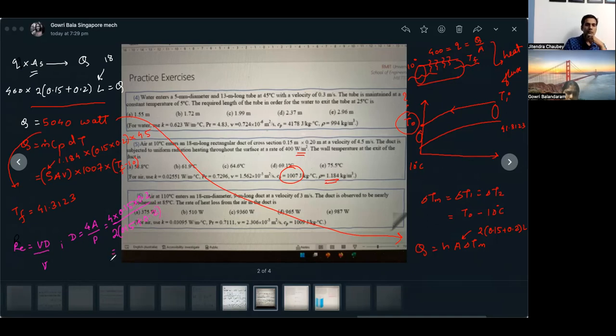So what would be the diameter? 4 into 0.15 into 0.2 over 2 into (0.15 plus 0.2).